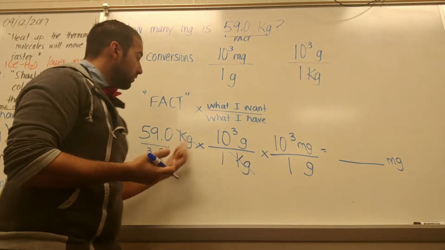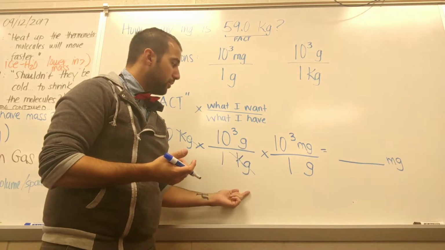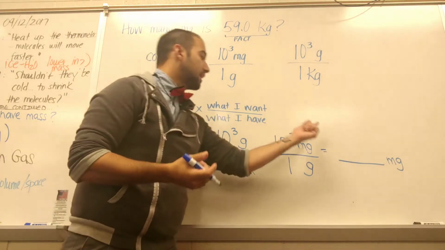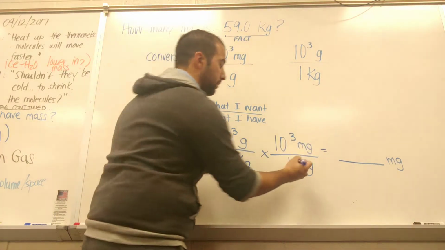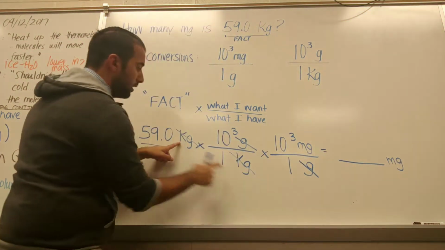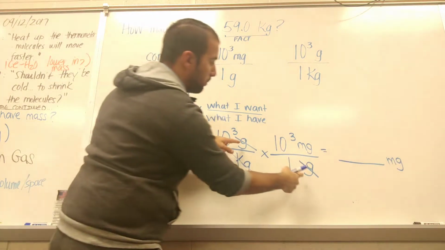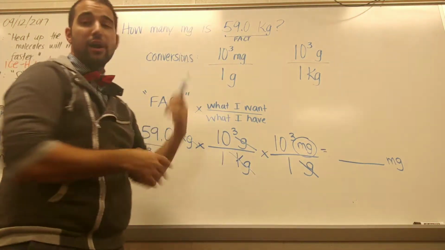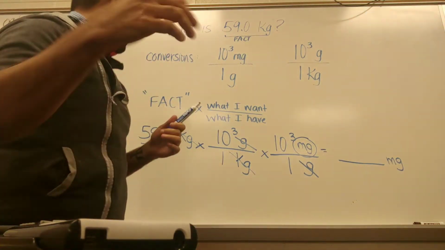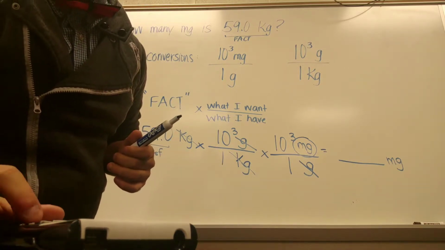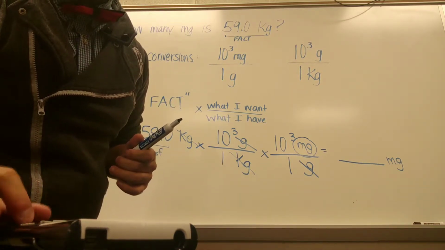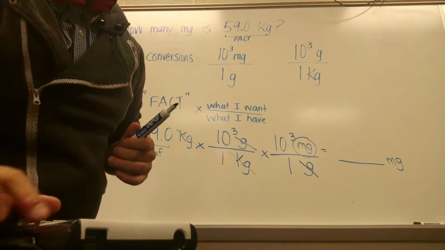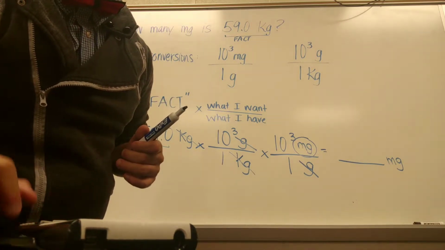And then times 10 to the third again divided by 1. And just looking at my units, my kilograms will cancel out, my grams will cancel out, and I'll be left with milligrams. Now, if I plug this into the calculator, I'll do 59.0 times 10 raised to the third, and then times 10 raised to the third again.